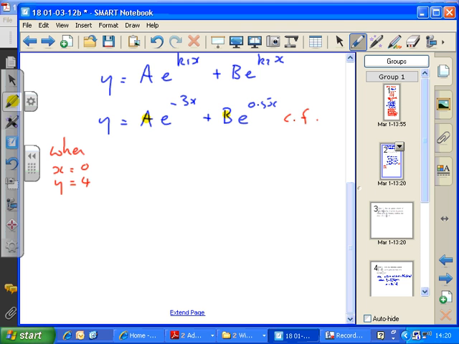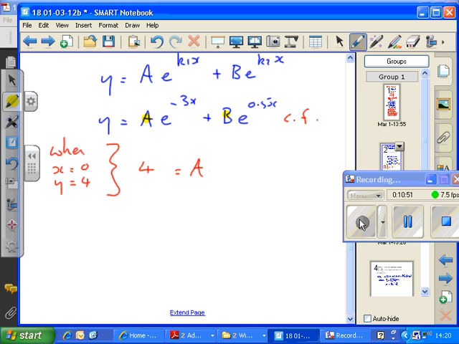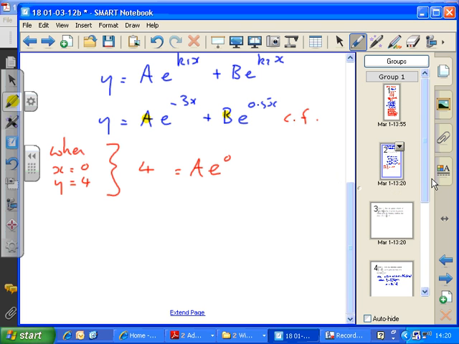So we can write 4 = Ae^(−3×0) + Be^0. Anything to the power 0 is 1, so we can therefore write that 4 = A + B. And that would be the first of our two simultaneous equations.